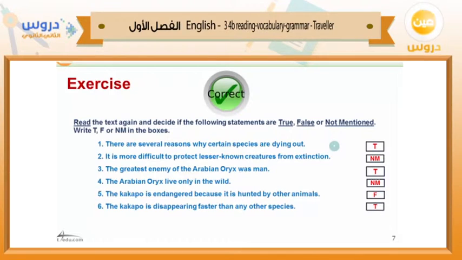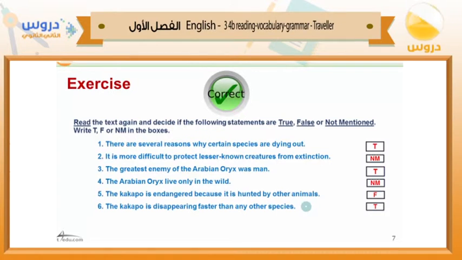It's true. There are so many reasons for some animals dying out. About lesser known creatures from extinction, it's not exactly mentioned, but also true. The greatest enemy of the Arabian oryx was man, because man started to hunt this animal. And the Arabian oryx living in the wild is also not mentioned. The Kakapo is endangered because it's hunted by other animals.